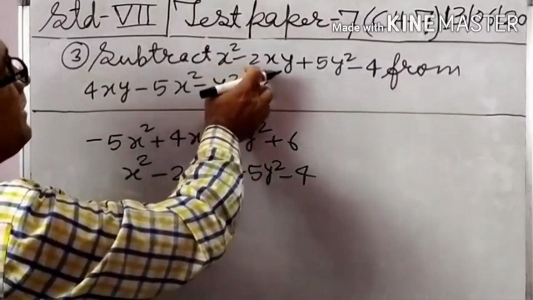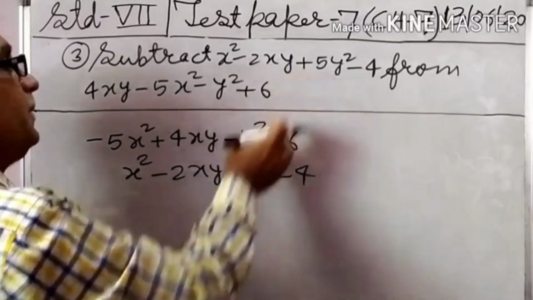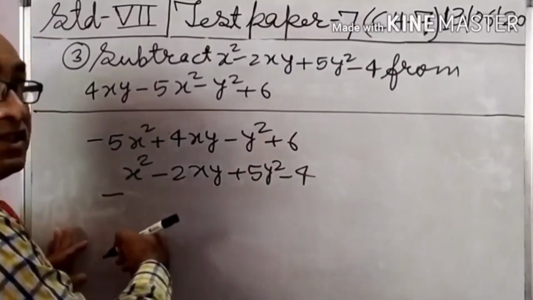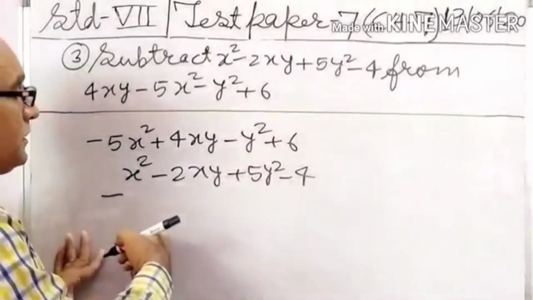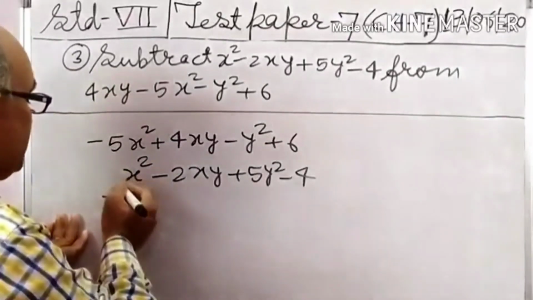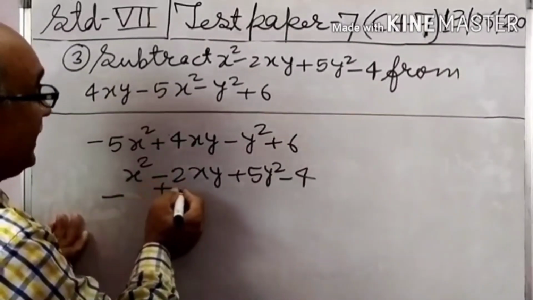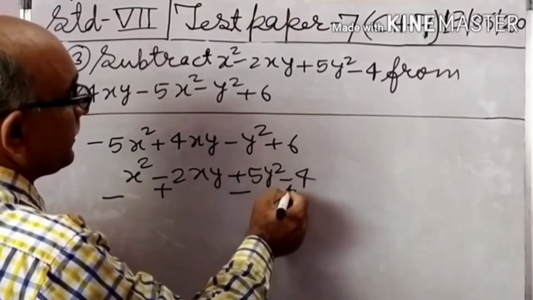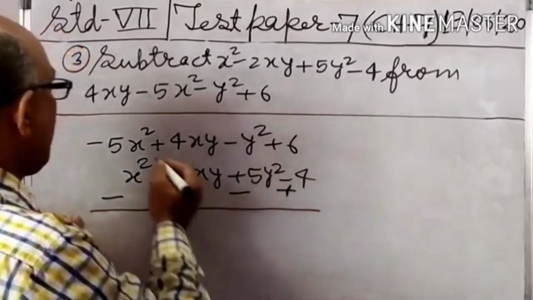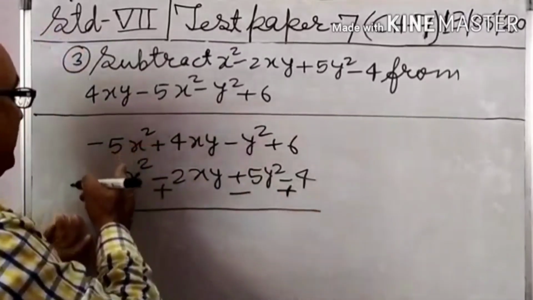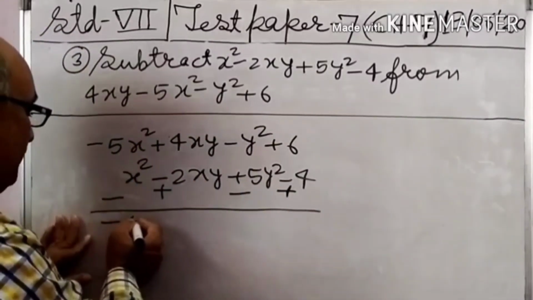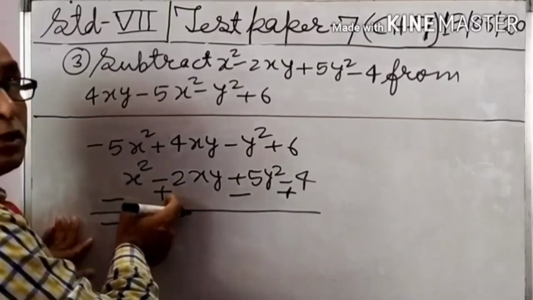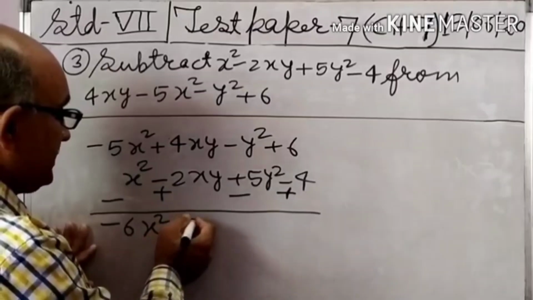Now subtract x square minus 2xy plus 5y square minus 4. In subtraction, change the sign of the second expression. So plus changes into minus, minus changes into plus. Minus 5x square minus x square, so minus 6x square. 4xy plus 2xy is 6xy.